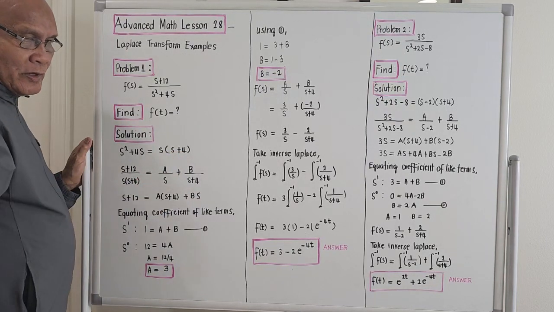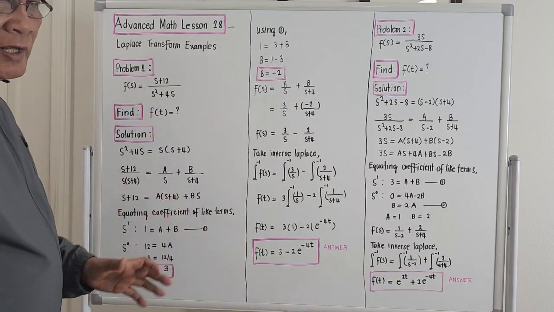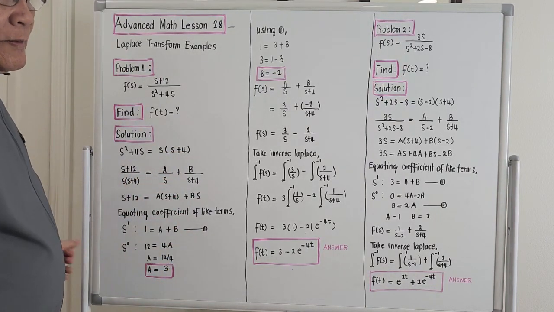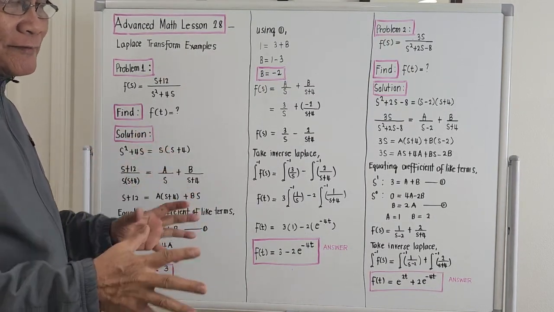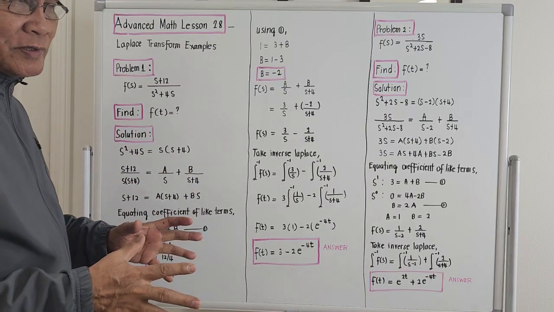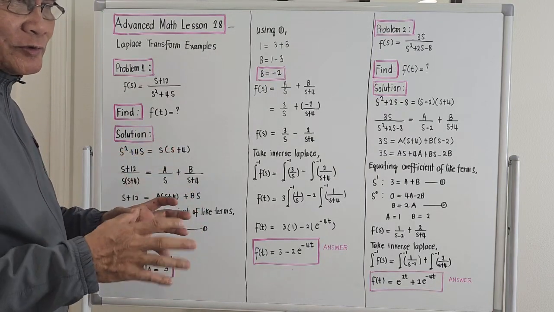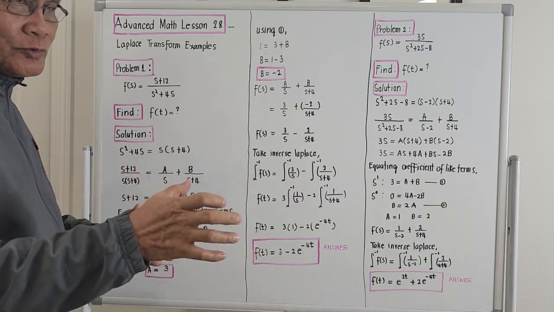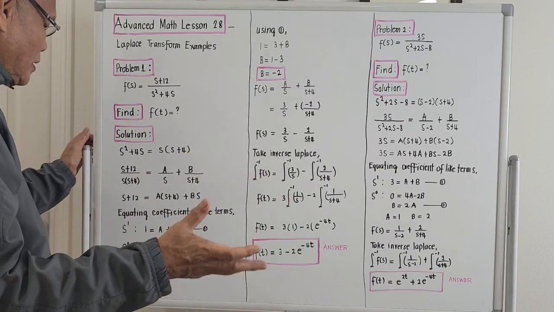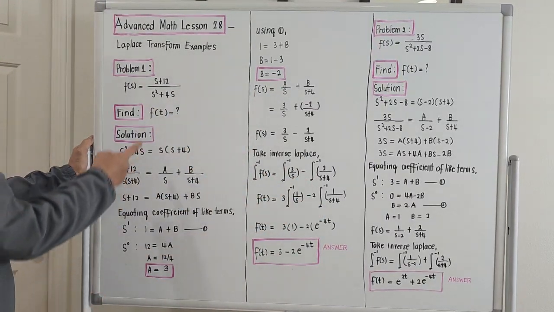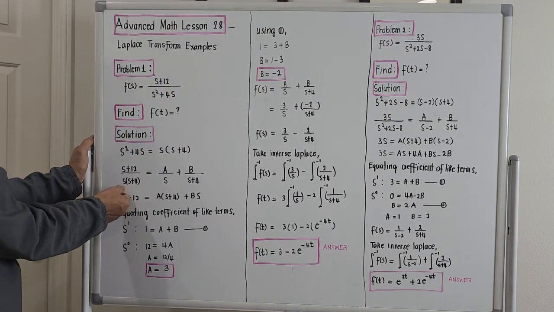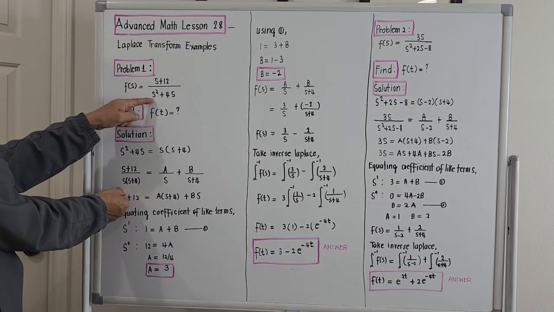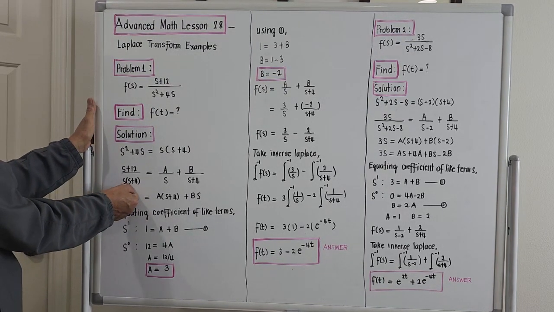s plus 4. And by using our knowledge of the so-called partial fraction, if we are given 2 linear factors, those 2 linear factors can be written as a sum of 2 partial fractions. So continuing with the solution, I will follow the given right hand side. S plus 12 all over s squared plus 4s, and it can be written as the product of s times s plus 4.